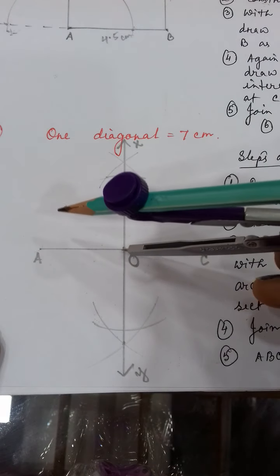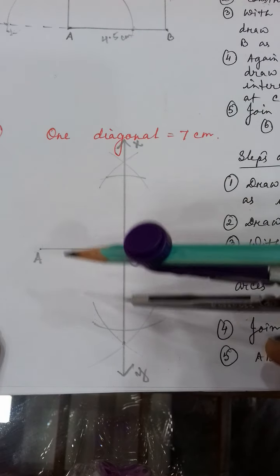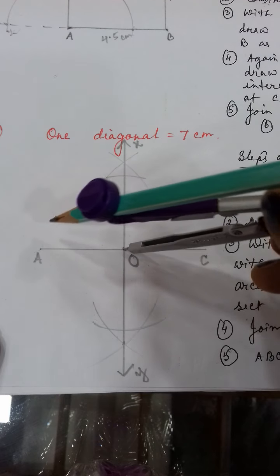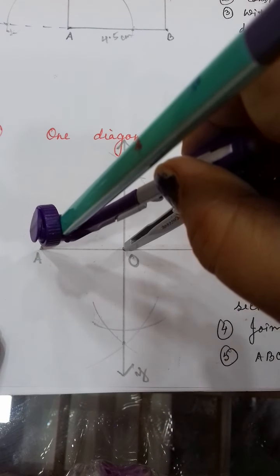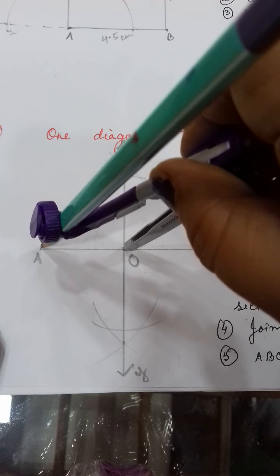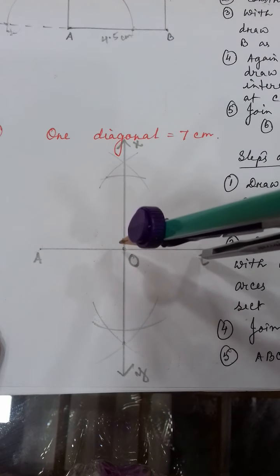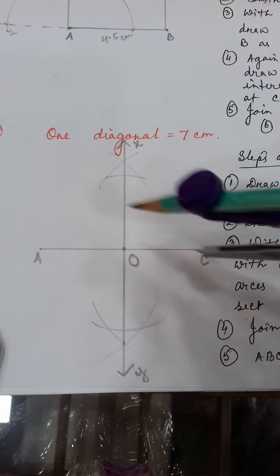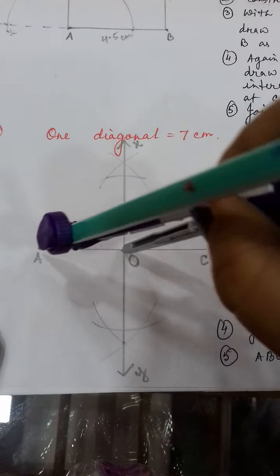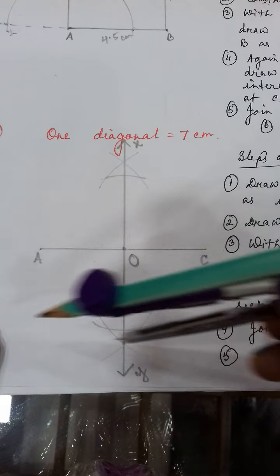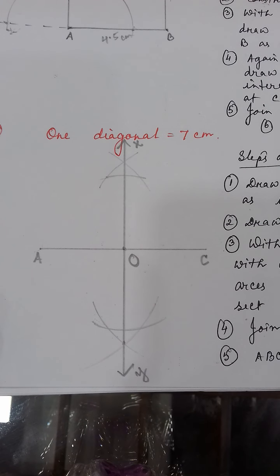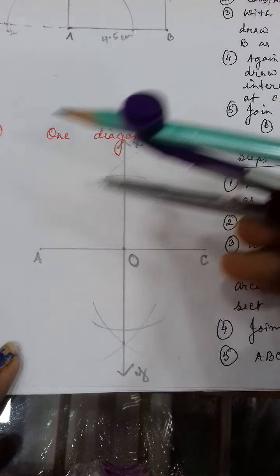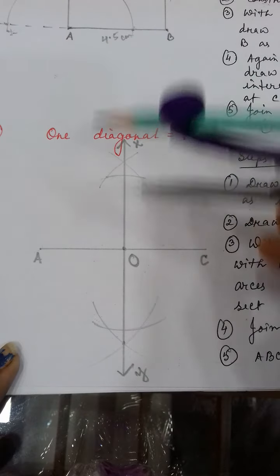After finding its midpoint with the perpendicular bisector, take O as the center and half of AC, that means OA, or you can consider OC also, same, it is the midpoint, so it is half. With this measurement, on both sides you will draw two arcs which will intersect this perpendicular bisector at 2 points.